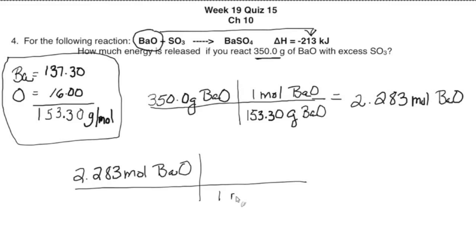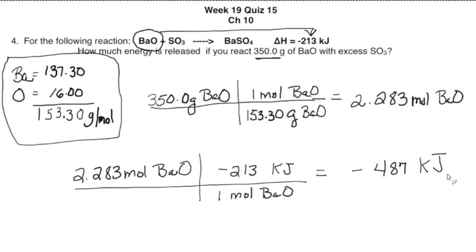So 1 mole of barium oxide produces negative 213 kilojoules. We're going to be down to 3 significant figures in our final answer. So punch that in. I get negative 486 kilojoules. Okay, so that's the answer to number 4.